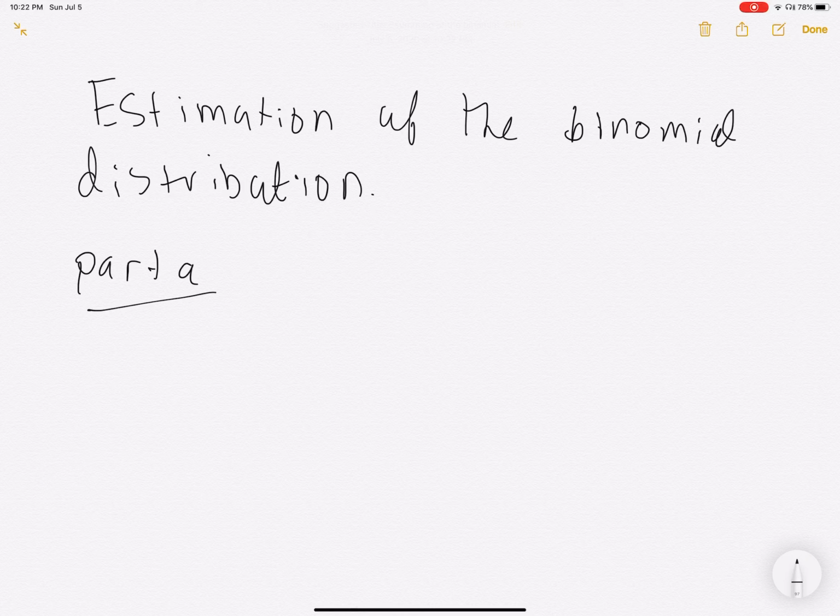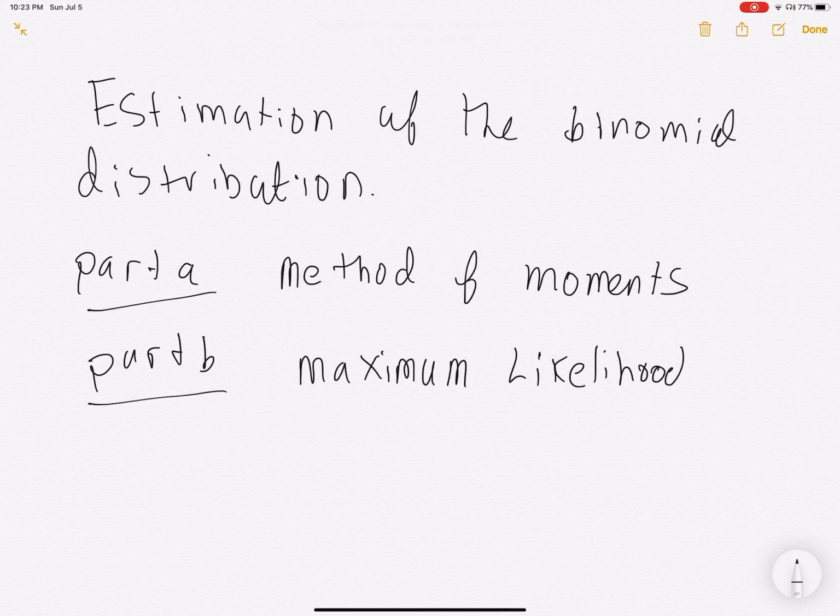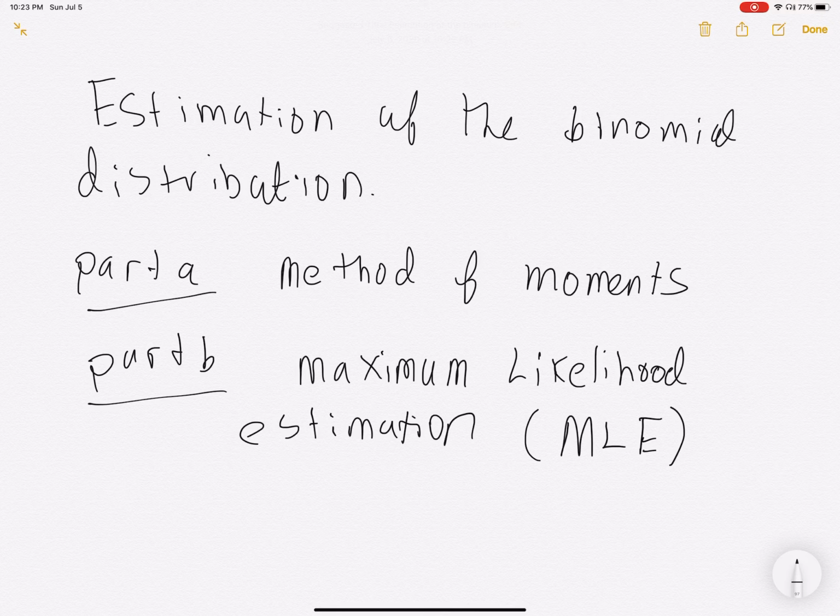Part A is going to be the method of moments, and part B is going to be the maximum likelihood estimator, and I'll often abbreviate this just by MLE. Okay, so let's get started.